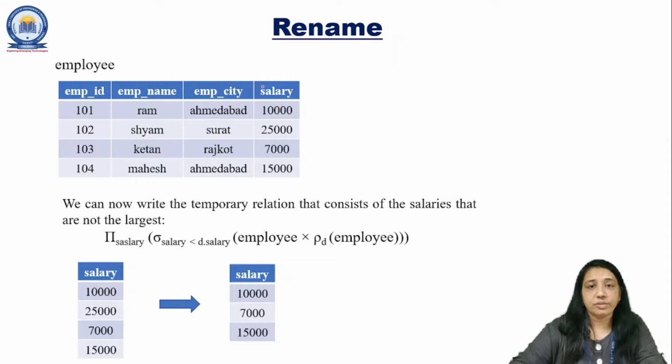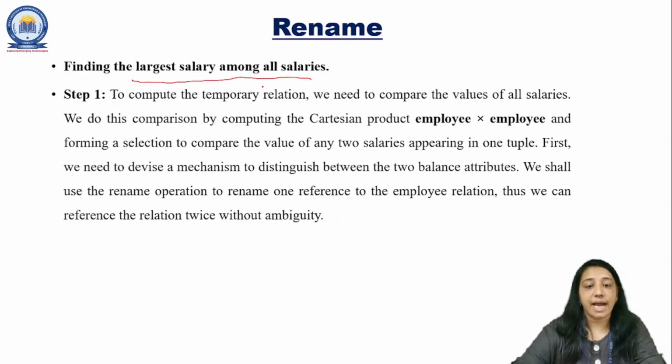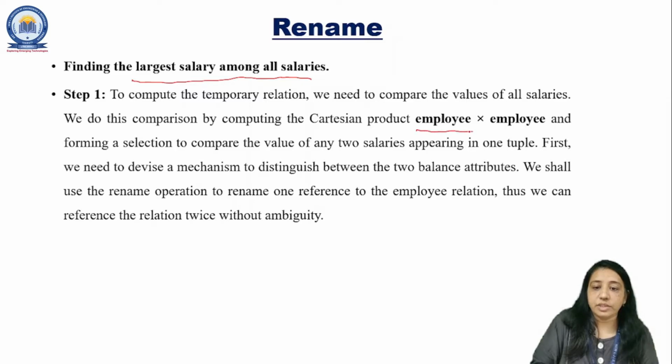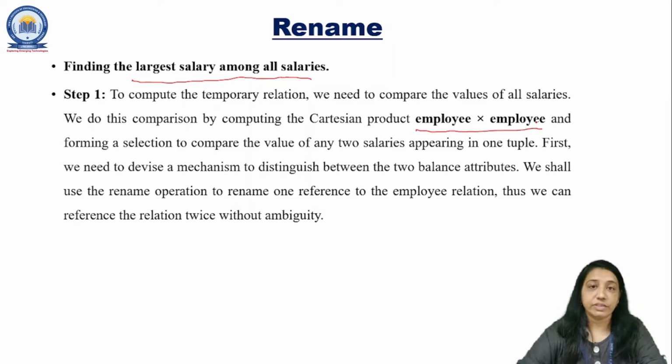How are we going to do this? The first step is the cross product or Cartesian product of employee with employee only. First we are going to find out the salaries which are not the largest one. For that we will just do the Cartesian product of employee and employee.